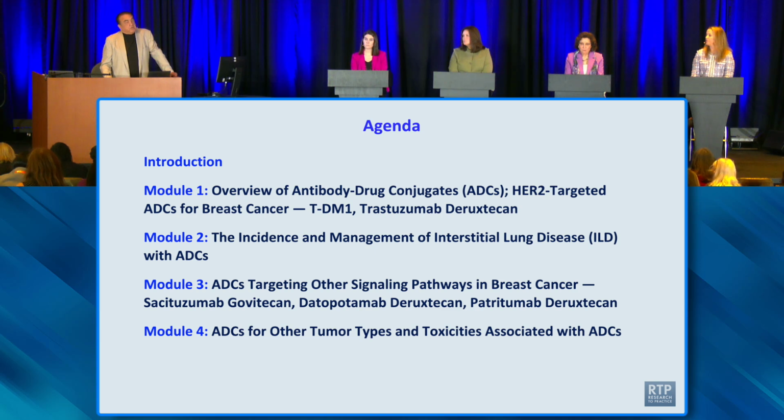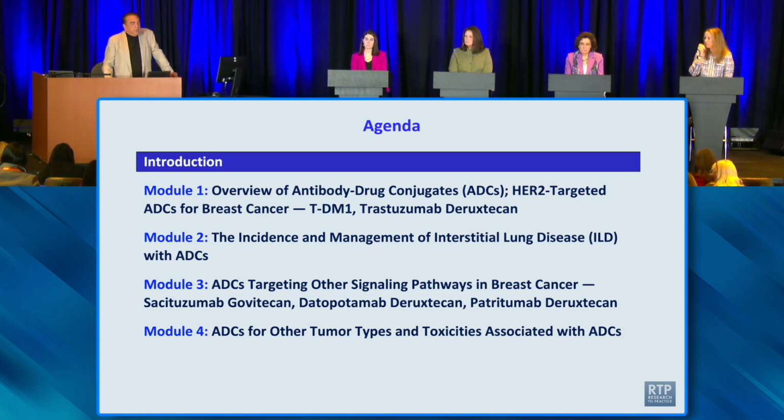We're going to talk about just part of that today, particularly the breast cancer piece, and particularly the stunning pan-tumor approval for the antibody-drug conjugate Trastuzumab Deruxtecan. We've already been talking about this morning in the endometrial cancer program. This is an incredibly important thing for everybody here to know about. And then we'll talk about some of the other ADCs that are coming along in breast cancer and other tumors as well.